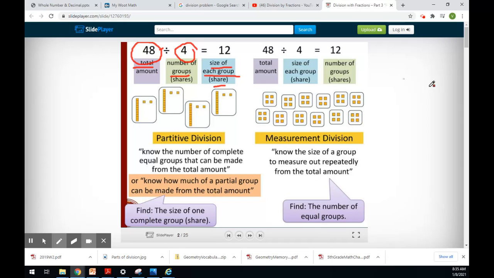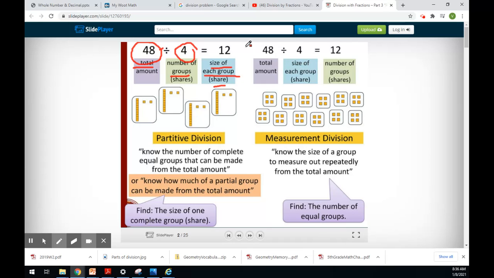And so then you're figuring the number of groups. So this is called measurement division, where you are given the size of each group, you know your total, and you're figuring out the number of groups. We see that over here. A really quick way of thinking about it is I have the total, I have the each, and I have to find the group.